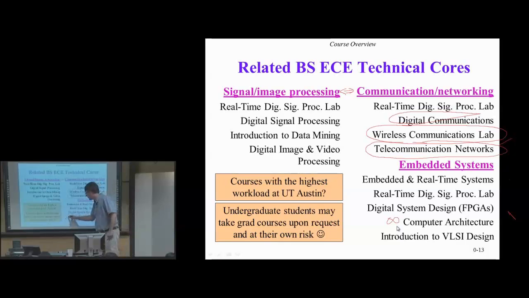So I would put this at 30 hours a week, to put it a little bit more quantitatively. Next highest work, and by the way, if you look at the course evaluations that you turn in, there's a rating called workload, and there's excessive workload, above average, whatever. So this gets 50% excessive workload rating from the students. So you have spoken in the course evaluations to say this is the highest workload.